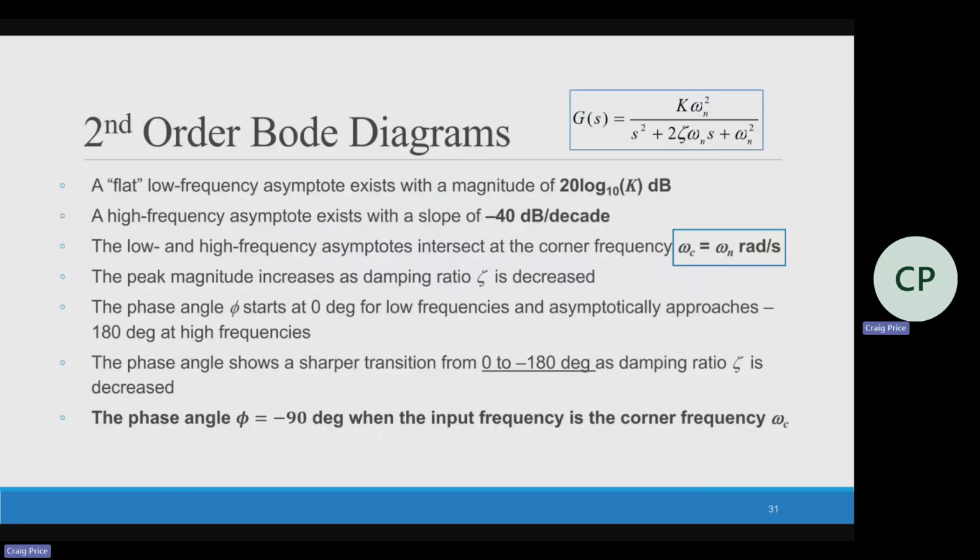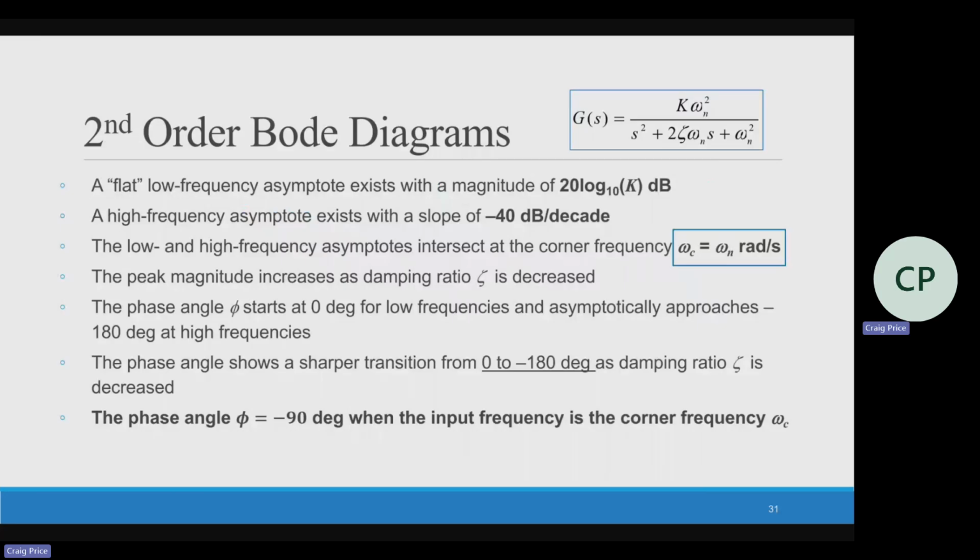As for the bump, the peak magnitude increases as the damping ratio is decreased. Very low damping means we're going to have a very high peak amplitude on that magnitude line. Once my damping ratio reaches 0.7, we see almost no bump. So we have a high amount of damping, and it's going to look more like a first order.